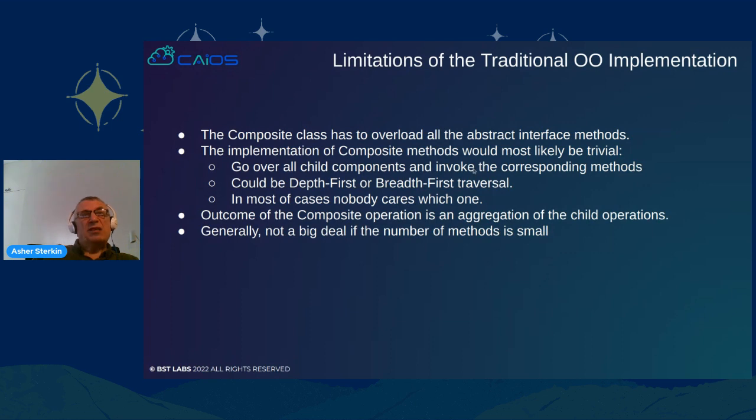While the implementation is mostly trivial, I need to go through children, invoke corresponding methods and perform some aggregation. I could go depth first or breadth first, but very often people don't care which one. And that's okay if the number of methods in the base class interface is stable. That was not my case.